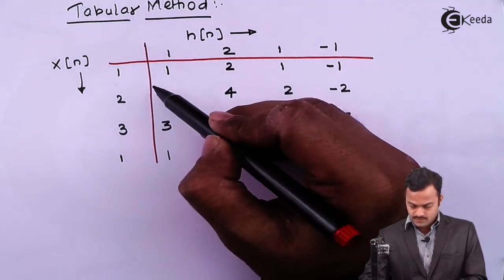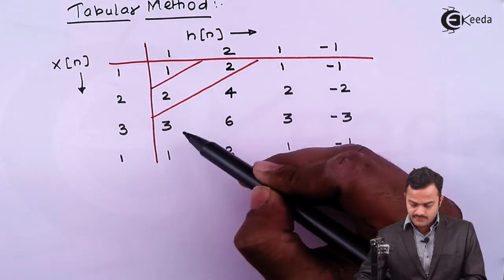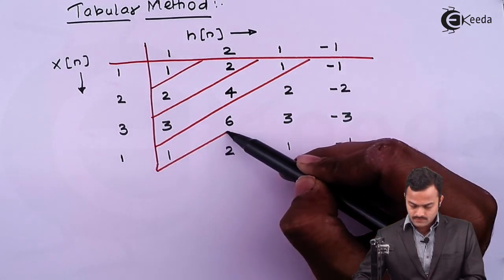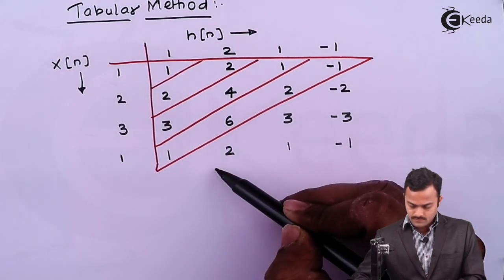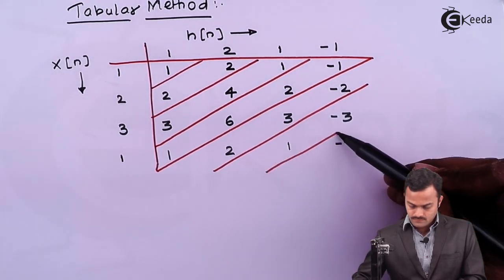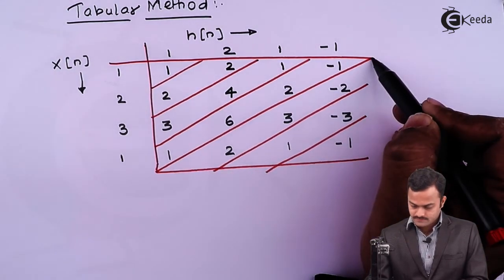So if we consider elements in a diagonal manner, we will get this particular structure.